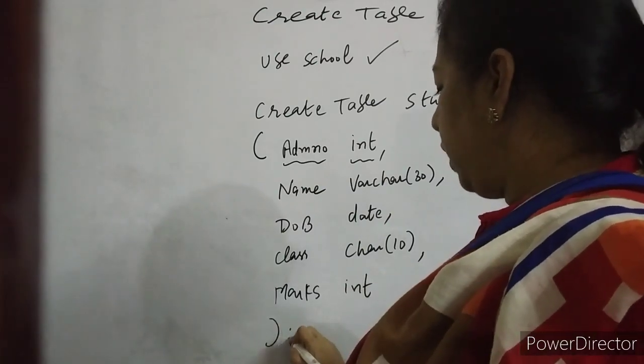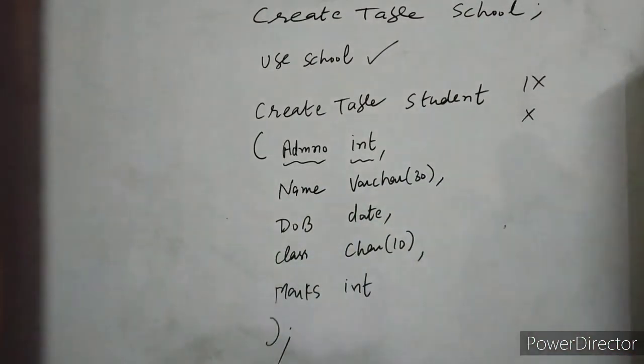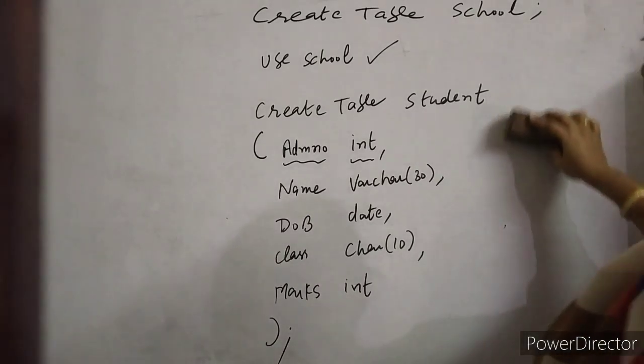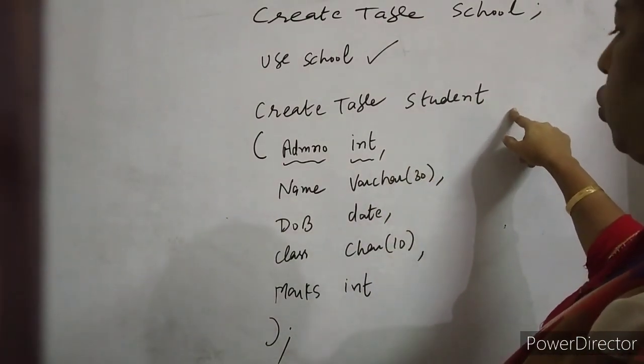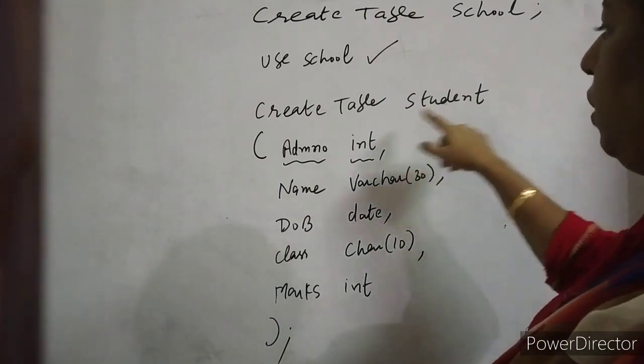Then close the bracket and semicolon. Clear? Create table student. Create table is the MySQL word. Then I am writing here any name that is decided by me, which name I want to give to my table.